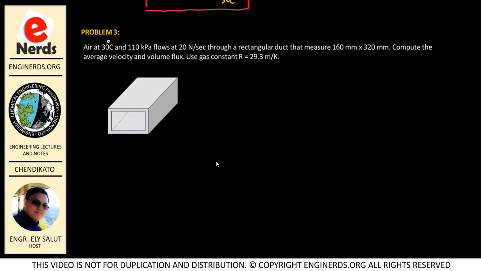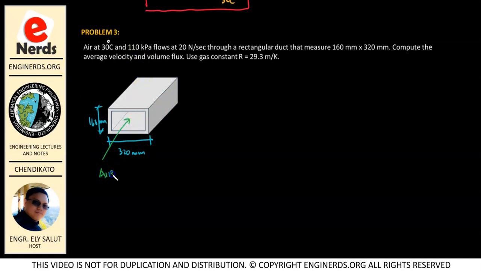Let's write down our given first. We have our rectangular duct which is measuring 160 millimeter by 320 millimeter, and air is flowing through this rectangular duct.